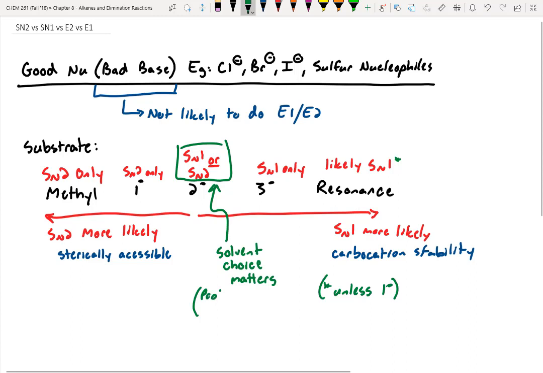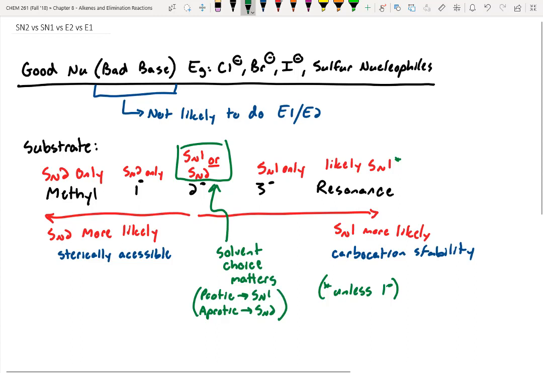Protic. And then aprotic tends to favor SN2. So solvent choice does matter for this in-between one, right? Does this make sense? The intuitive why? This is something we practiced before. All right, let's do the next one.